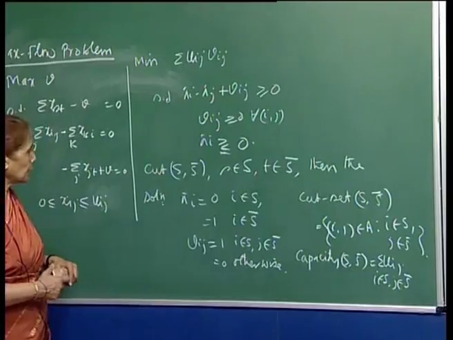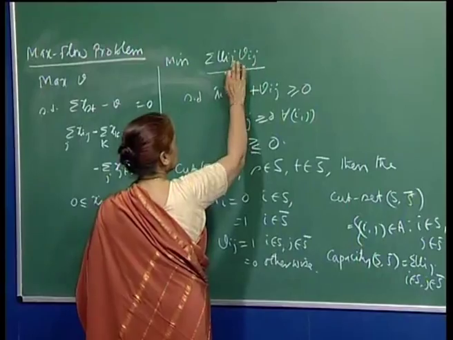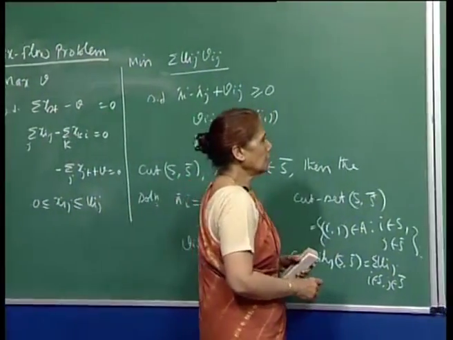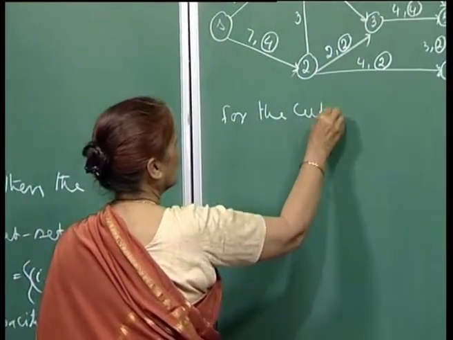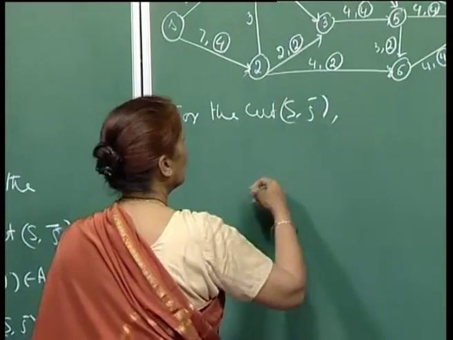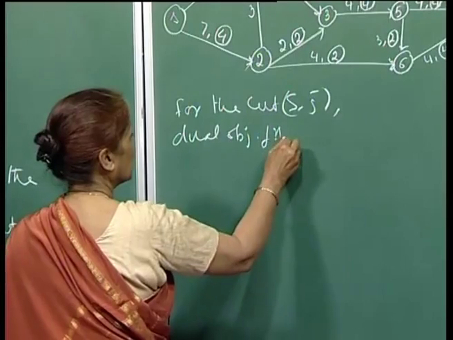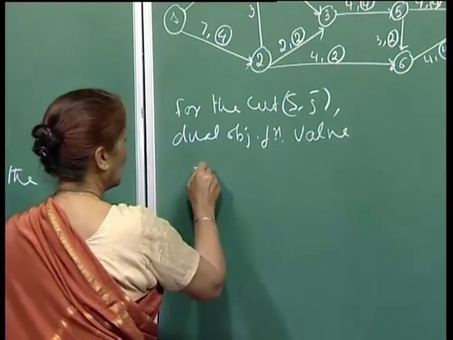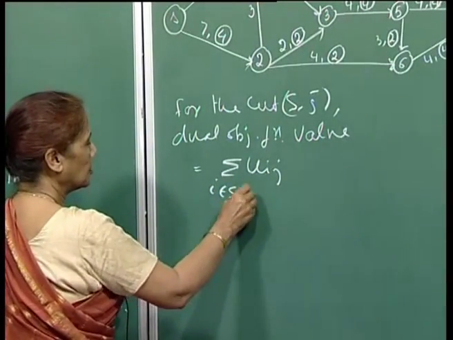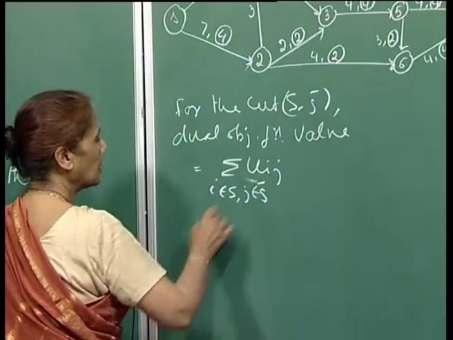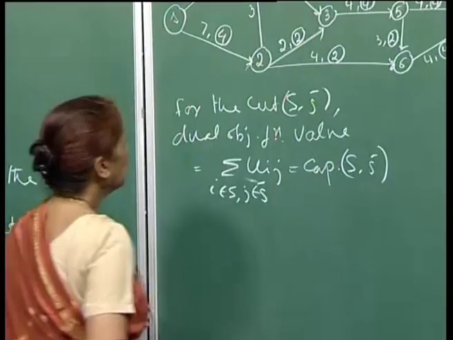So, this is a dual feasible solution, and you see that for any cut, for the cut S, S bar, the dual objective function value is actually equal to summation Uij, which is the capacity of the cut S, S bar, right.